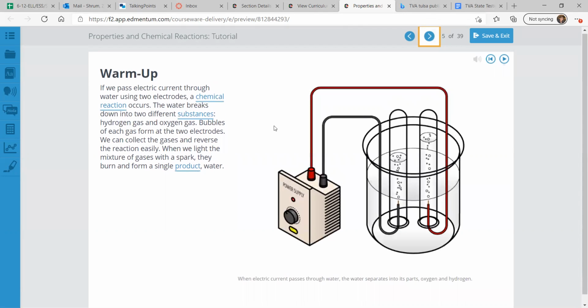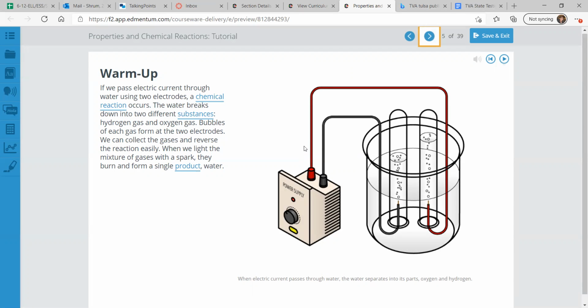So, for a warm-up, if we pass electric current through water using two electrodes, the water breaks down into two different substances and a chemical reaction occurs. These two different substances are hydrogen gas and oxygen gas.